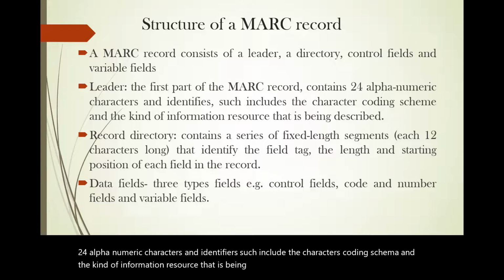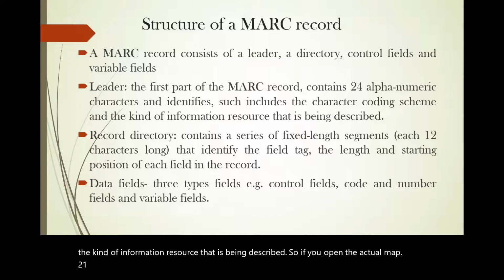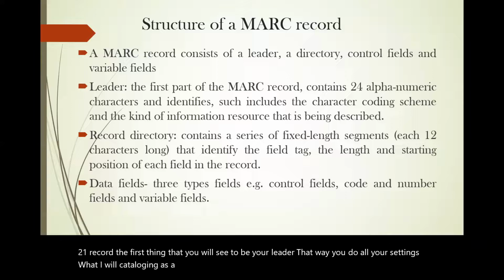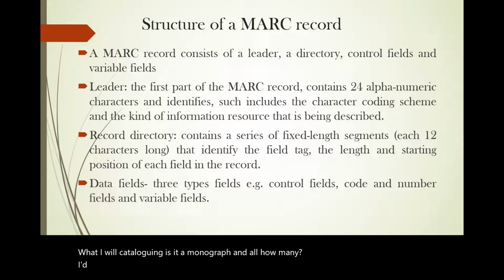So if you open the actual MARC 21 record, the first thing that you will see is your leader, where you do all your settings: what are you cataloging, is it a monograph, and all that. What information goes where and stuff like that, you put that information in the leader.